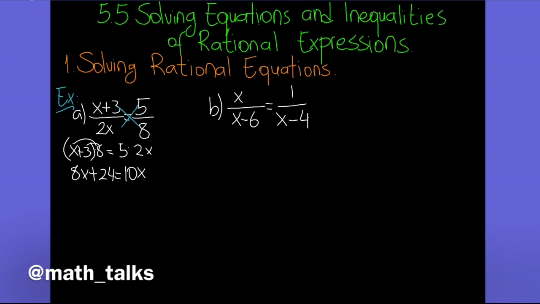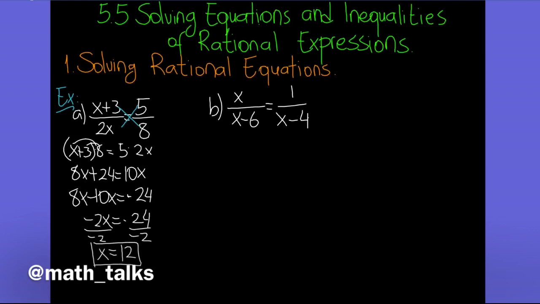Then you have to move all the variables or like terms to the same side. So 8x minus 10x equals negative 24. From here, 8x minus 10x is negative 2x, equals negative 24. When you divide both sides by negative 2, the result is positive 12.